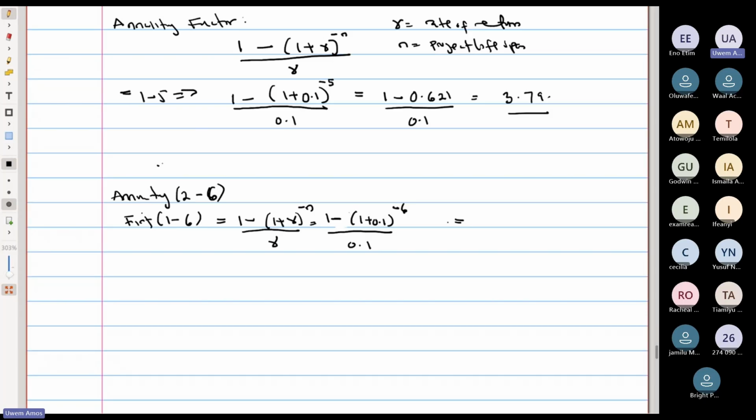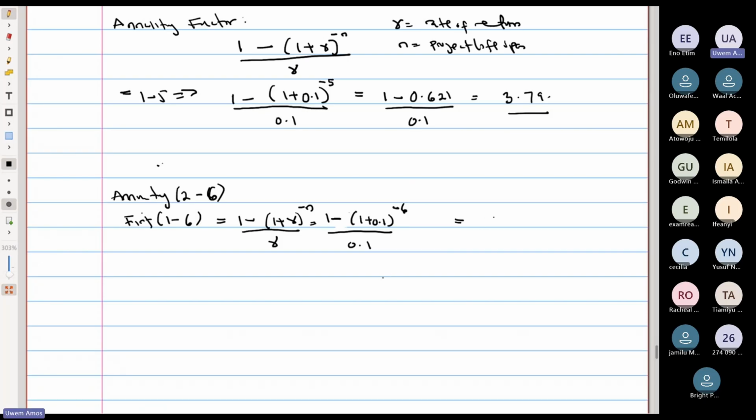Okay, so 1.1 raised to the power of minus 6 gives me 0.56, whatever it is, minus 1 gives me 0.4355, divided by 0.1. So that's 4.355. I'm taking off the negative sign because I was working the other way around.